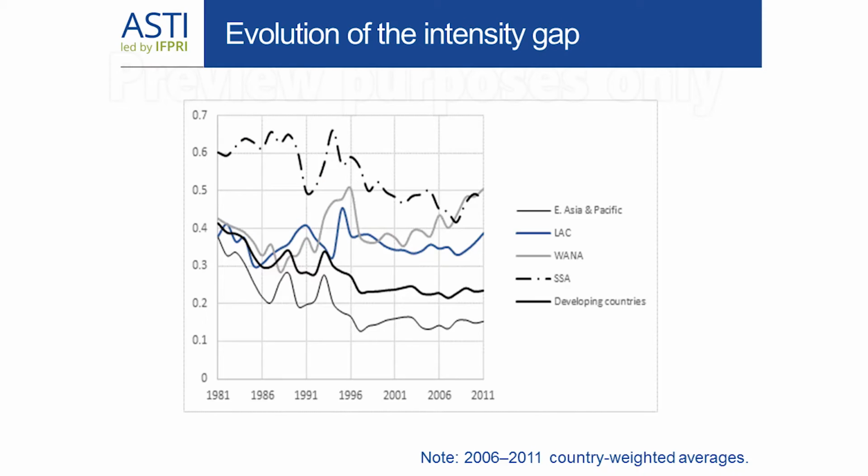And then, as I showed you before, using this index we can calculate the intensity gap, that is, the investment that countries need to make to reach the frontier, to close that gap. As you can see there, the gap for developing countries is the thicker black line. The gap has been closing in recent years, so the gap is reducing. Developing countries have been increasing investment.